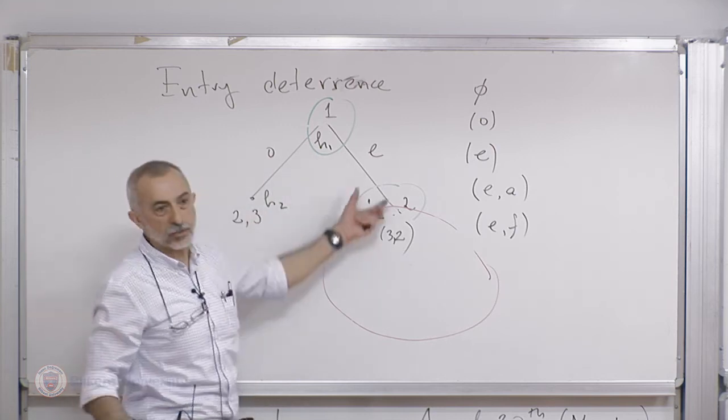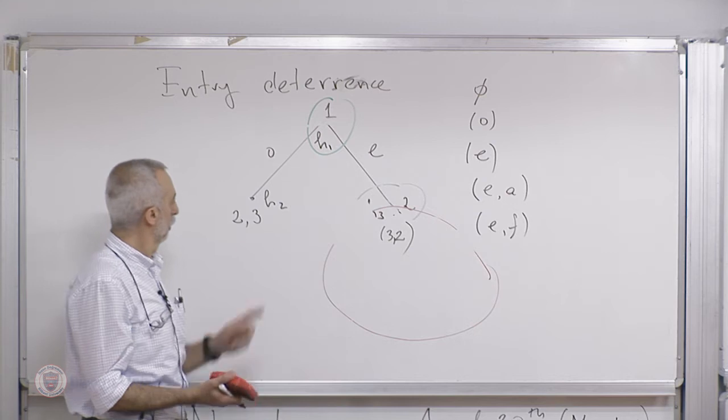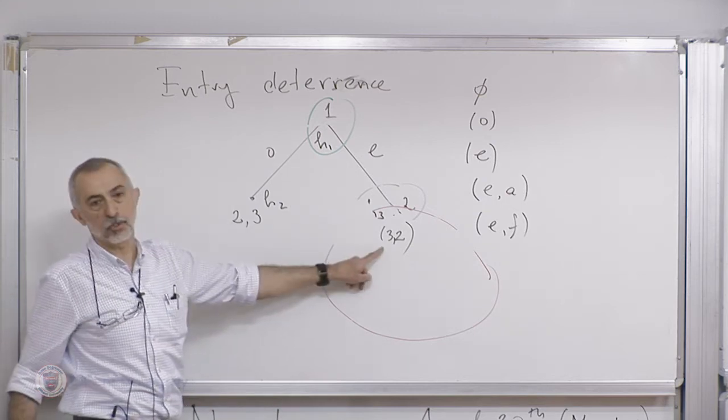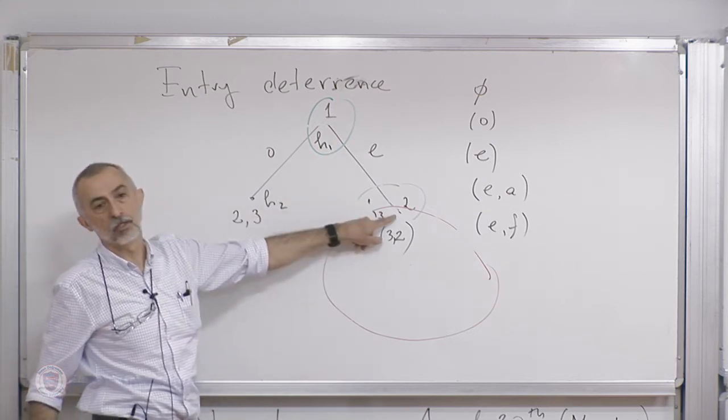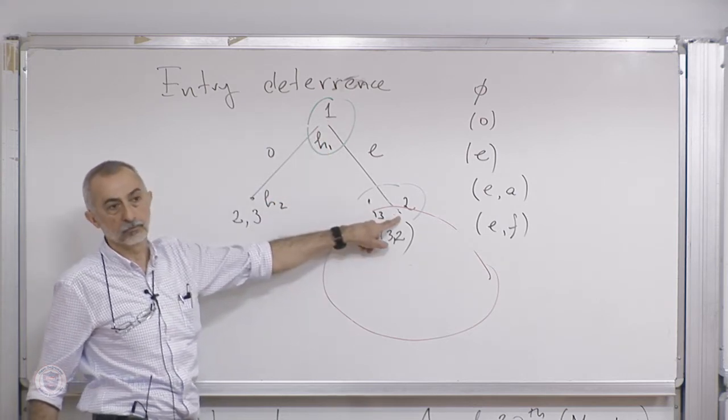And now this is a much simpler game to analyze. All I have to look at is 2, 3, which one is bigger? 3. So player 1 at this information set will take the action E.